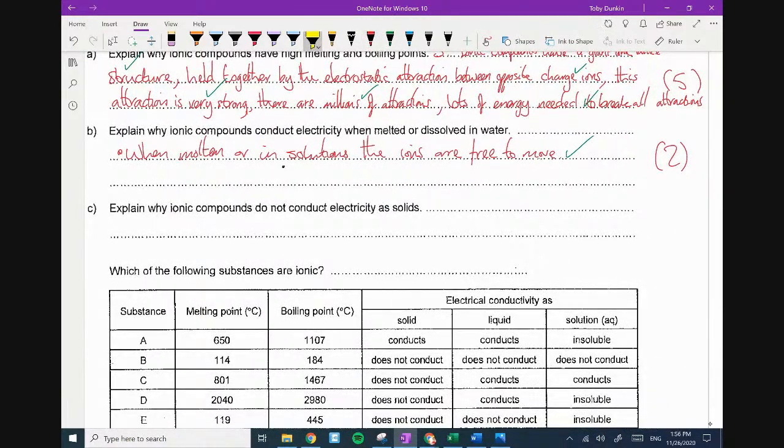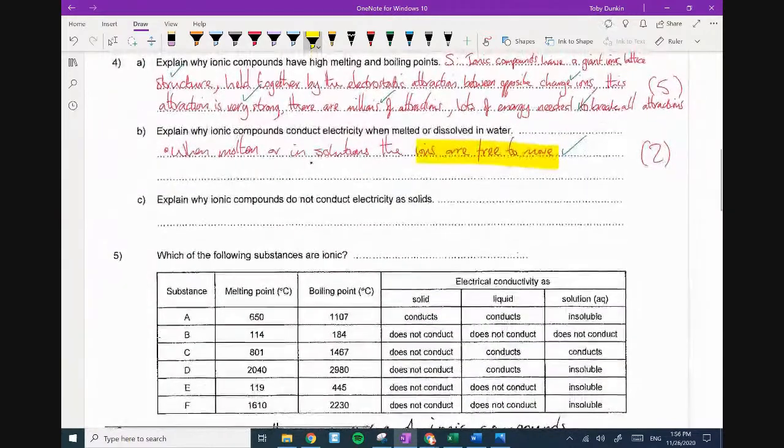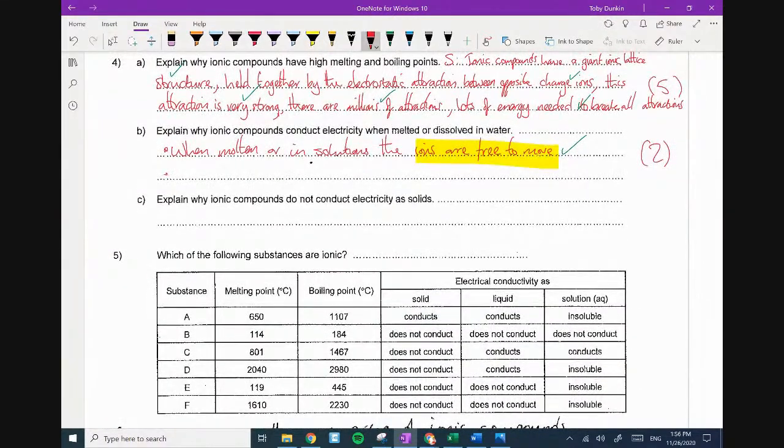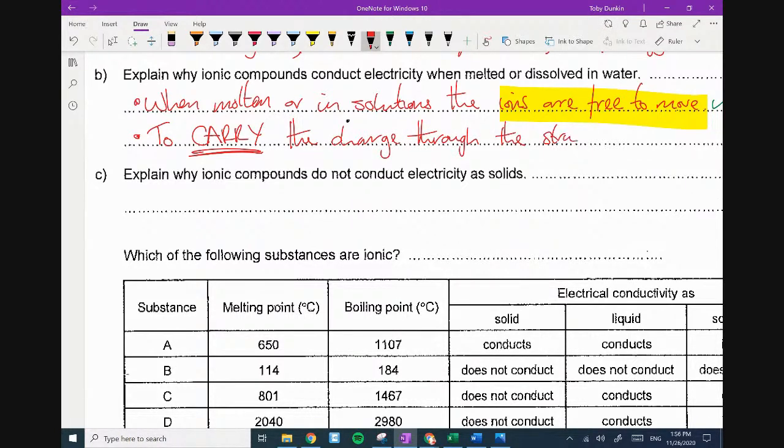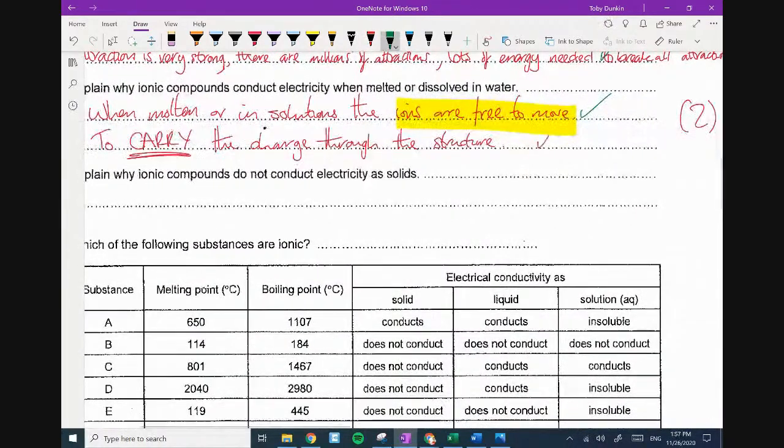There's the key bit. Bullet point number 2. Free to move. To carry. Now you have to say that word. The second mark, you cannot get the second mark without that word. To carry the charge through the structure. Second mark. 2 marks for that one.